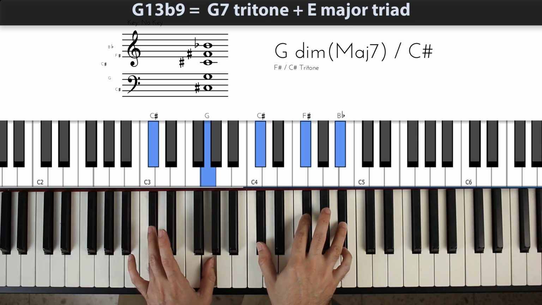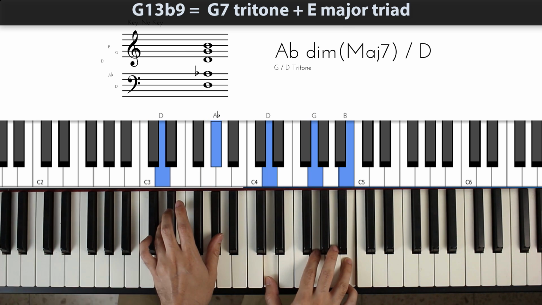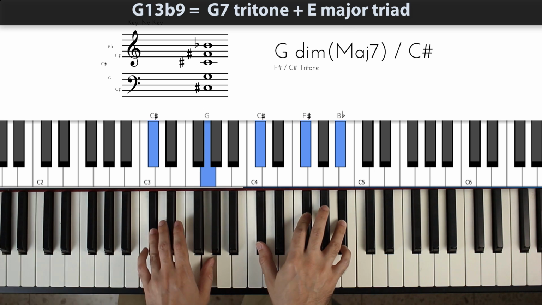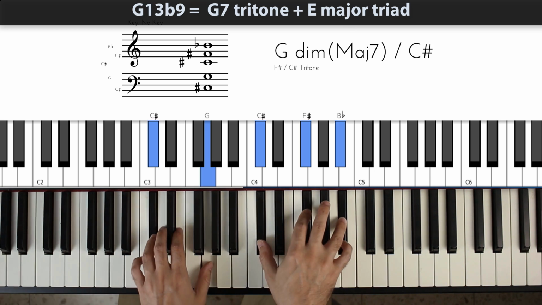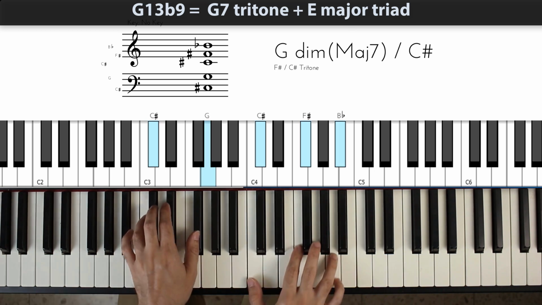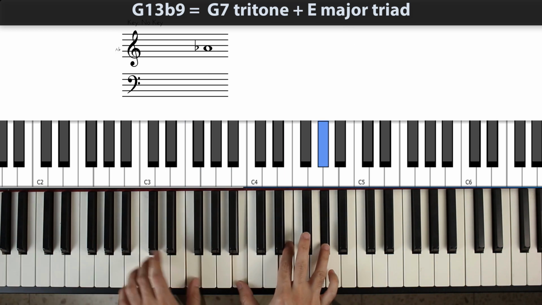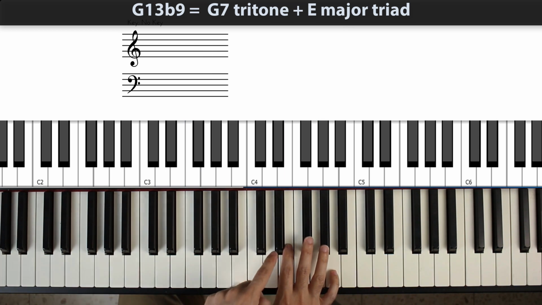Here's my A dominant 7, go down 1 semitone and another one. And you see I have my tritone voicing for G, and in the right hand I'm playing an E major chord.